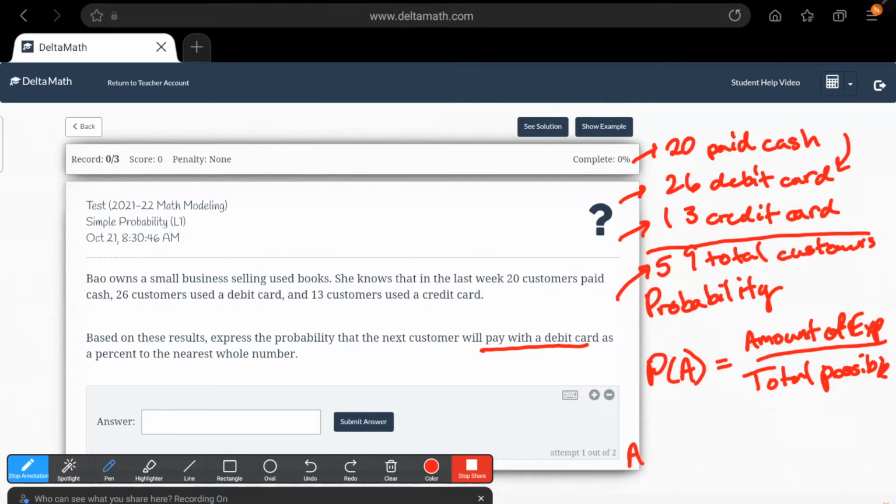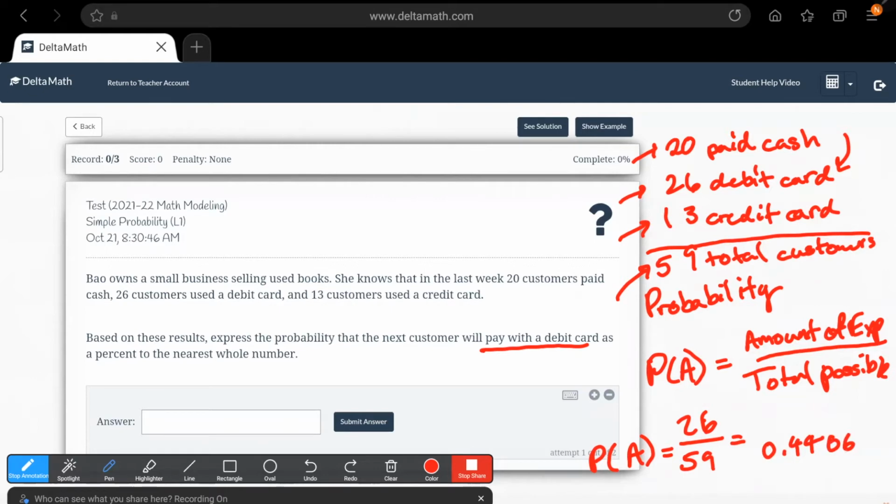So the probability of event A happening would be 26 over 59, which we can just plug into a calculator, and you get 0.4406 and some odd change.